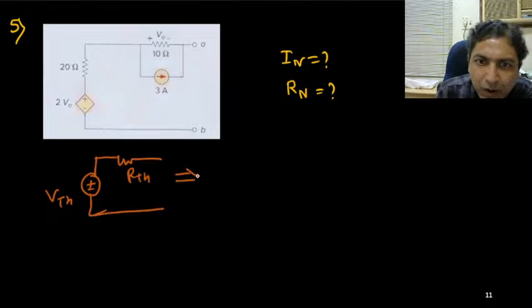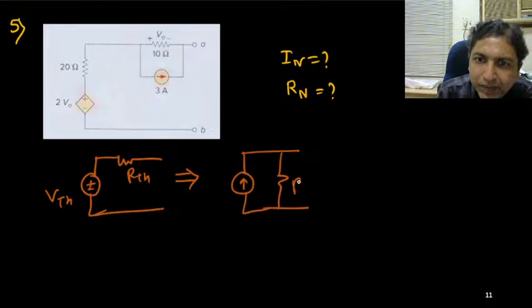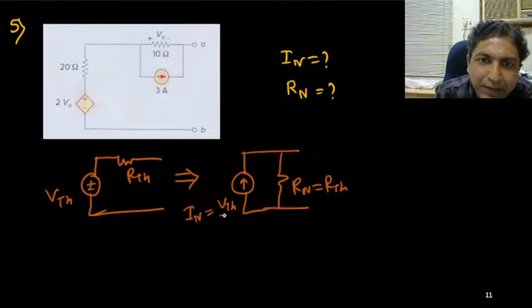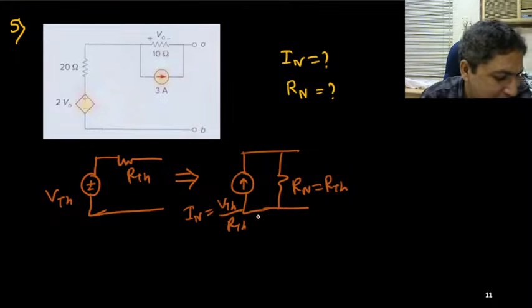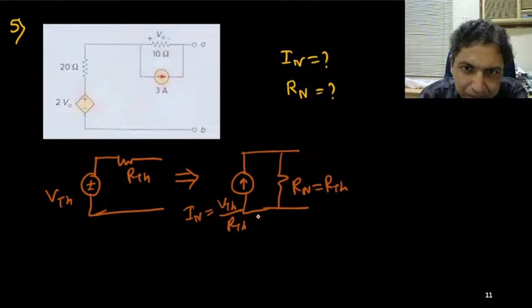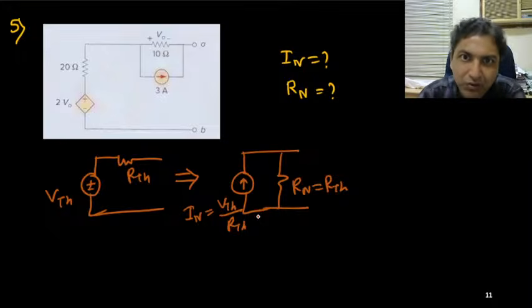Then you convert it to the Norton current and Norton resistance. And this Rn will be the same as RTH, and this I Norton will be simply VTH upon RTH. That is the simple source conversion. Okay, that is also you can do.